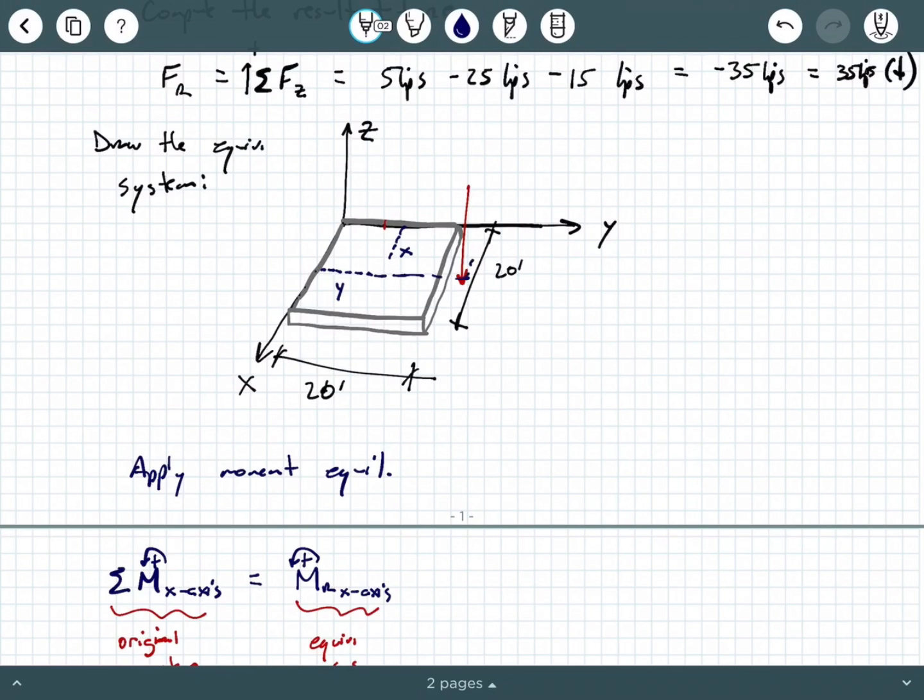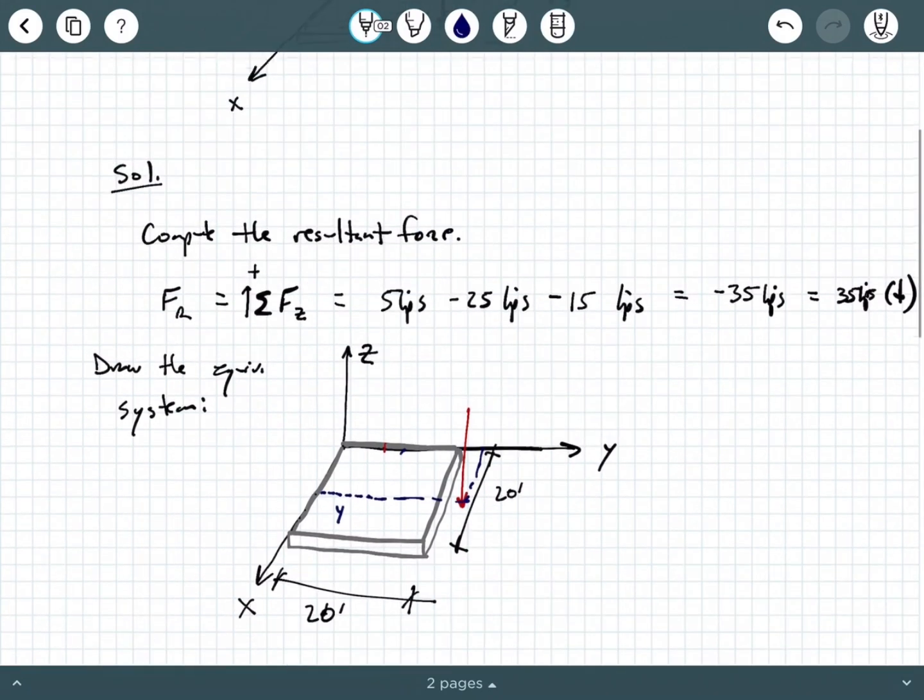Is it possible that the equivalent force is off of the slab? Yeah, it's possible. It's kind of weird, and in a structural design problem, you would try to redesign this such that that doesn't happen, but it is statically possible that your equivalent force is off of the system.